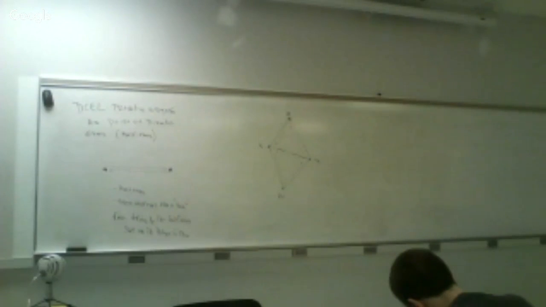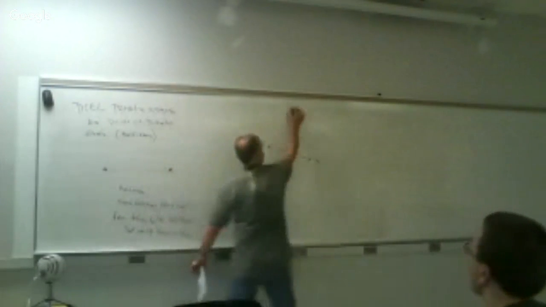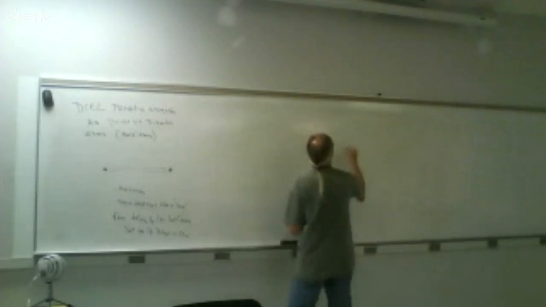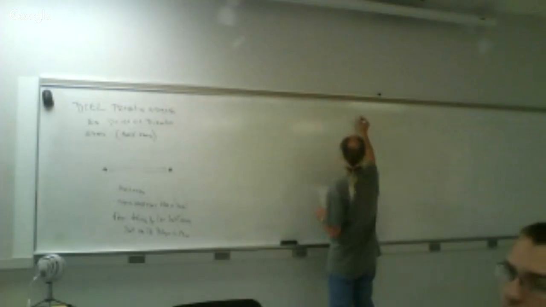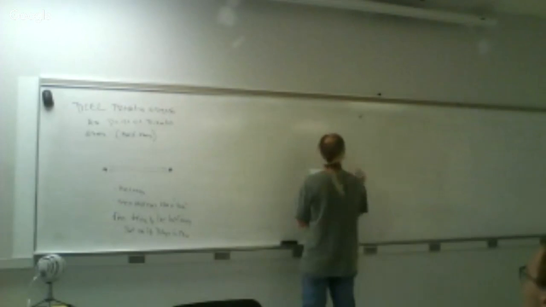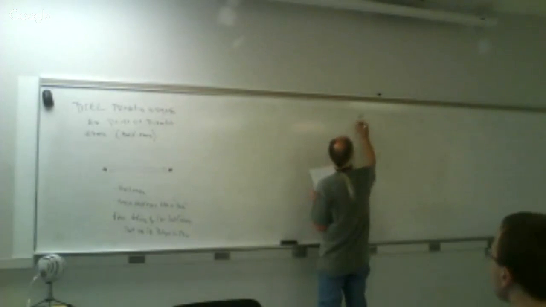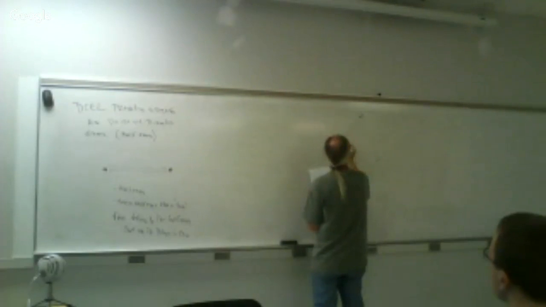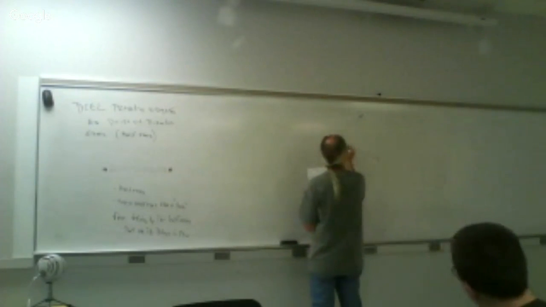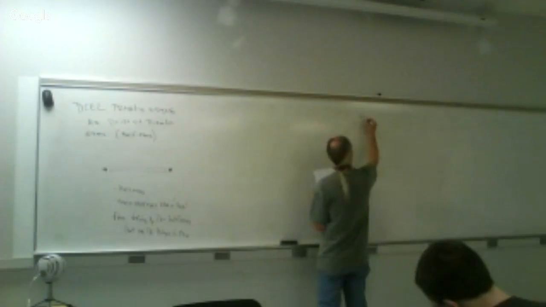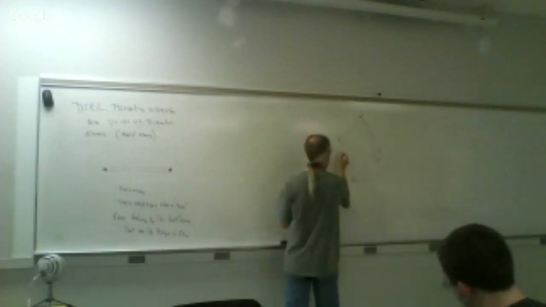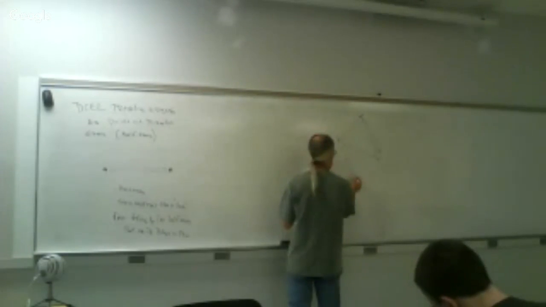So I'm going to just redraw this. I've got a little bit of range here, and this is just a picture. So we put Z, W, X, Y, and so I've got these edges, or half edges, that are involved.